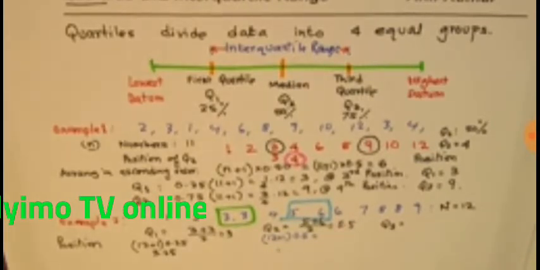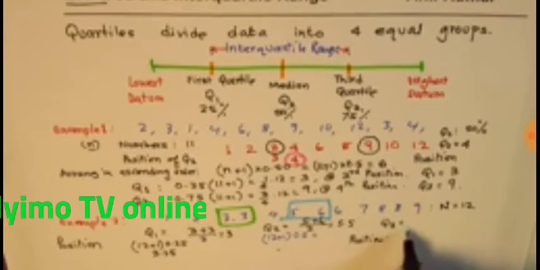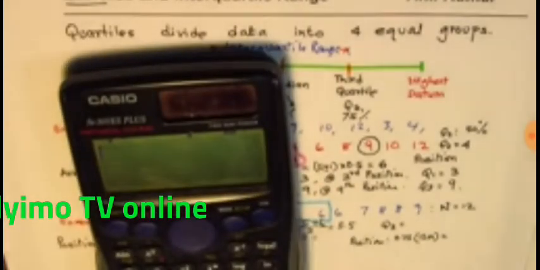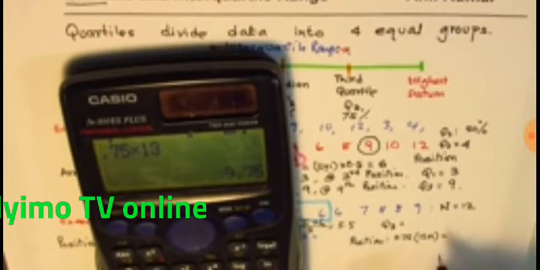Similarly, to find the third quartile, first you find the position. So the position here will be 0.75 times 12 plus 1. So let's calculate this. 0.75 times 13, and in decimals, this is 9.75.